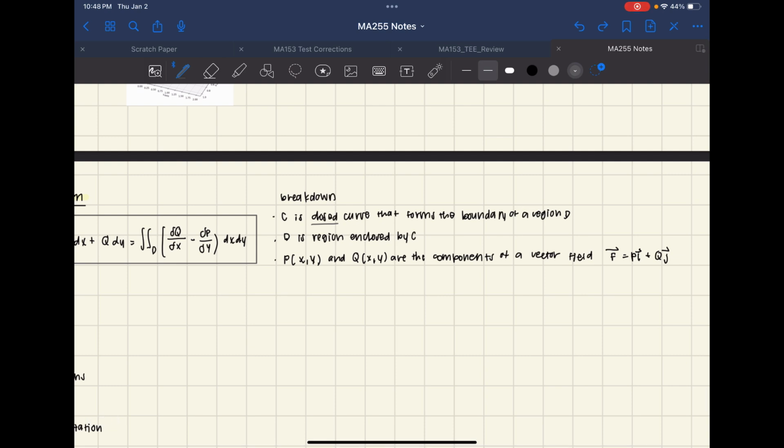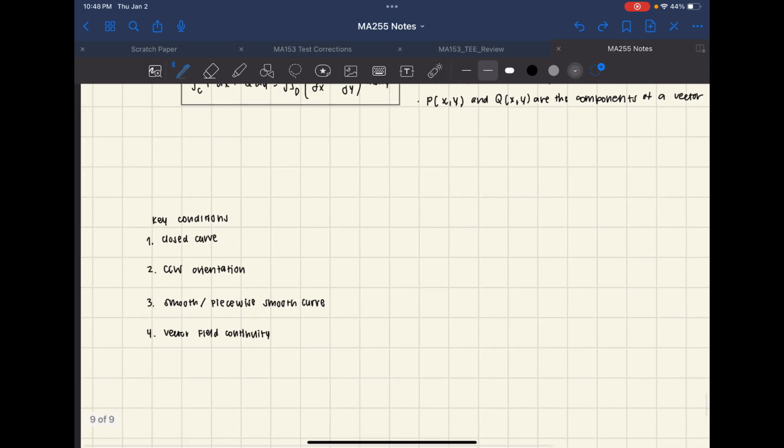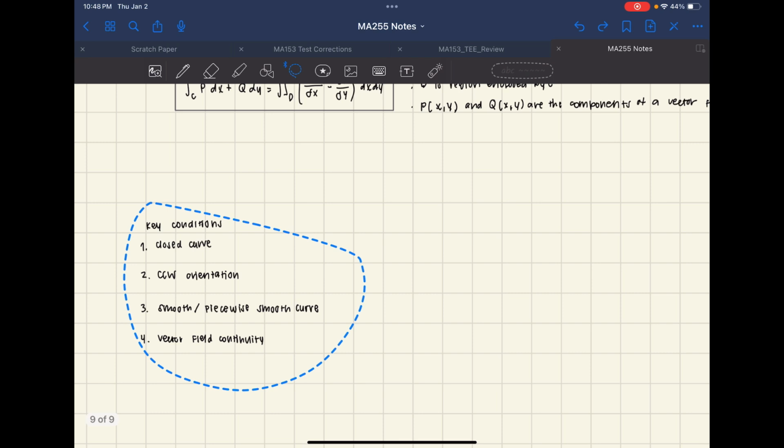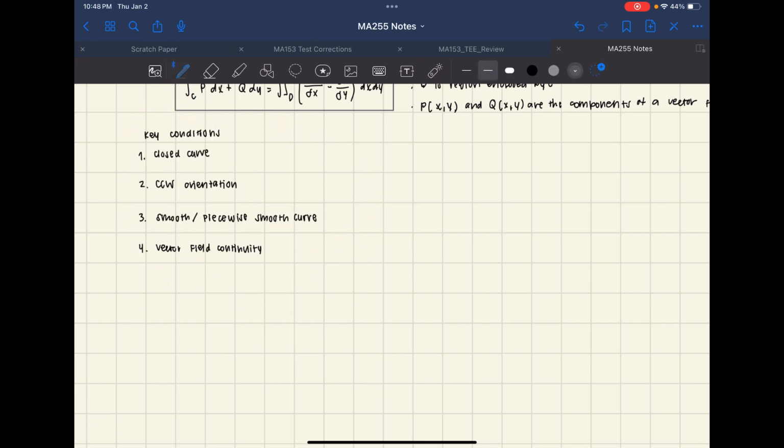Next we're going to look at the key conditions that we need to meet in order to apply Green's theorem, starting with the curve C must be closed, so it forms a complete loop with no breaks. For the second one, it has to have a counterclockwise orientation.